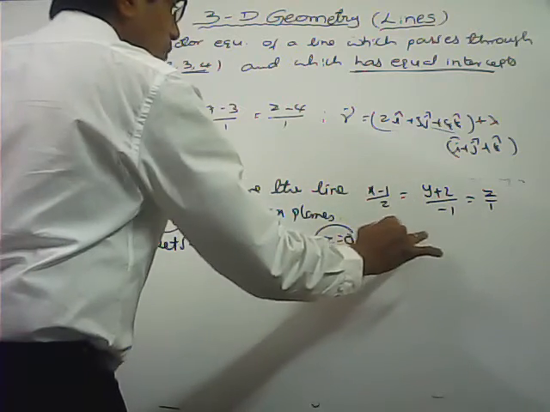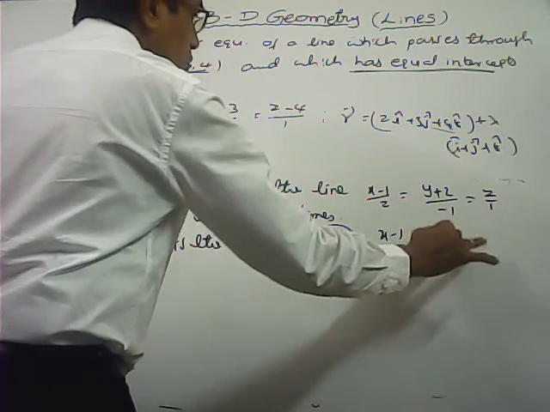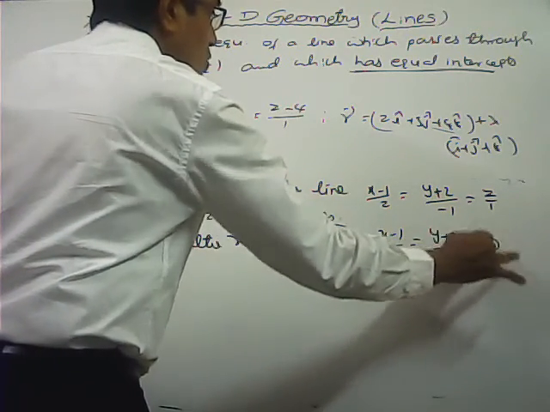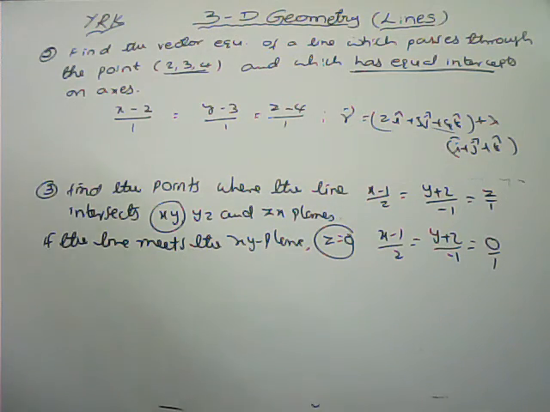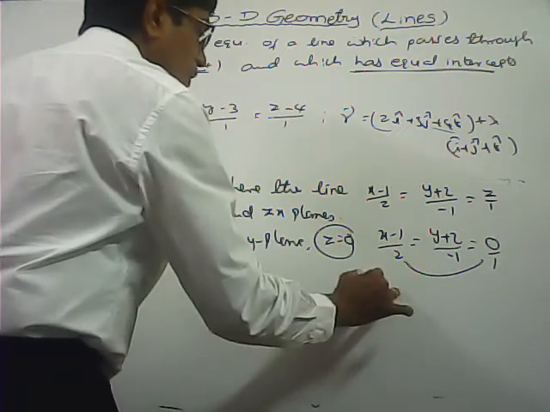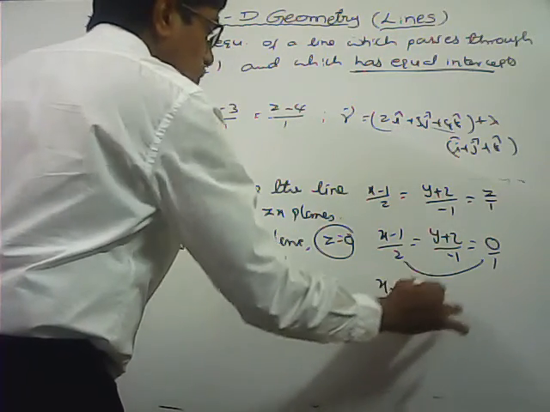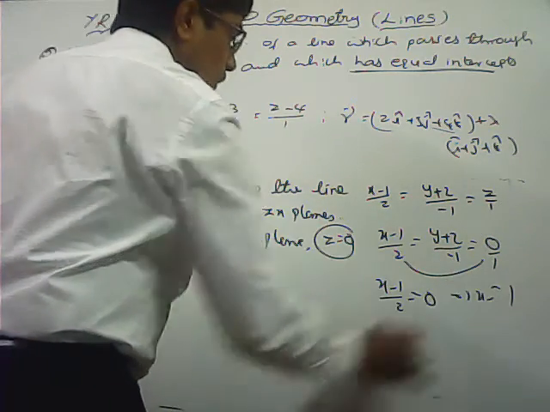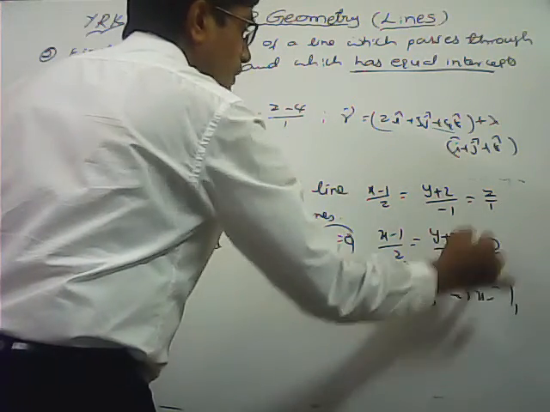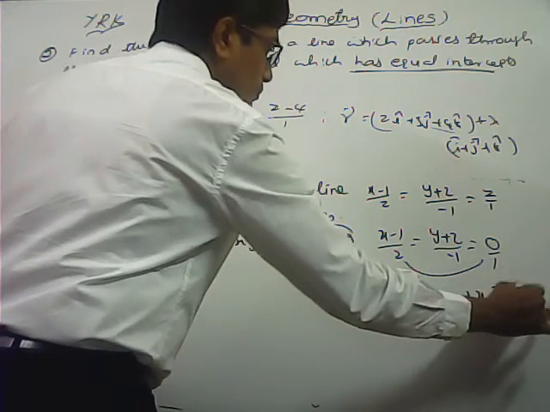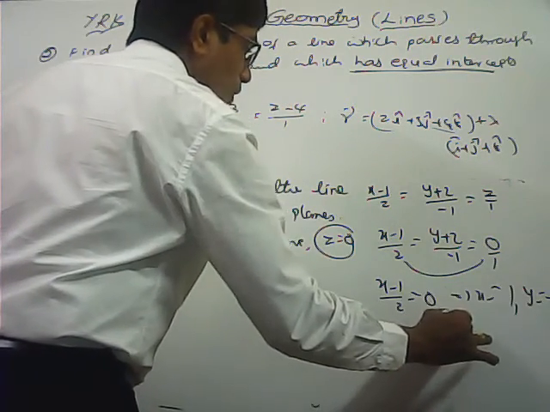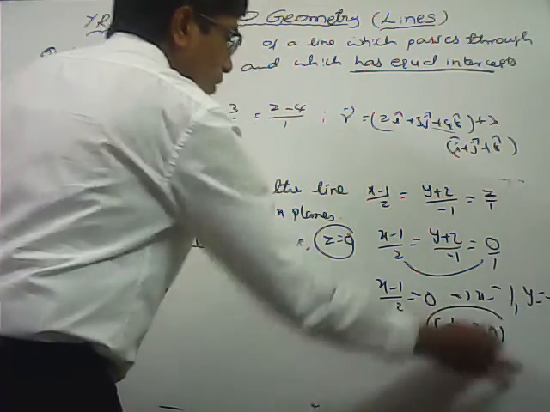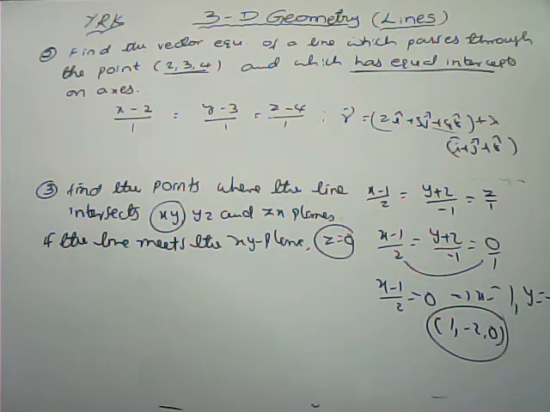Here (x minus 1)/2 = (y plus 2)/minus 1 = z/1. Put z equals 0. Equating, (x minus 1)/2 = 0, so x minus 1 equals 2 into 0, x equals 1, and y equals minus 2. So x equals 1, y equals minus 2, z equals 0. So the line intersects the xy plane at 1, minus 2, 0.